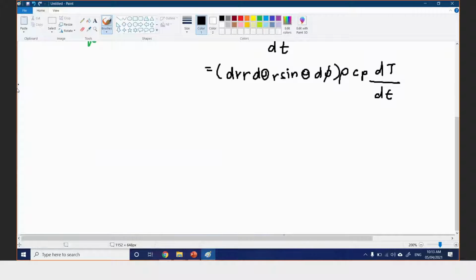So let's go for the rate of heat going in. The rate of heat going in equals Q in the r direction plus Q in the theta direction plus Q in the phi direction.